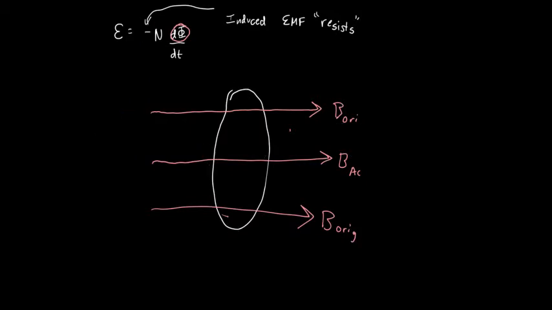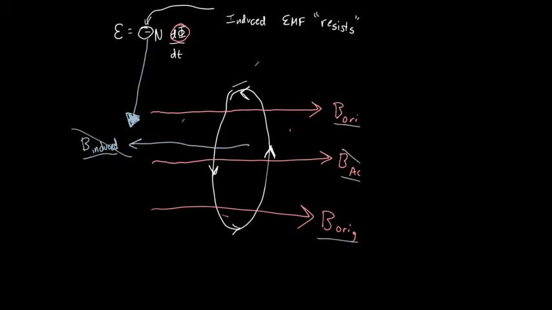This is where the state of the system wants to be. It wants to maintain this, two magnetic field lines going to the right. Now, if I create some flux and I create an additional magnetic field somehow by changing the flux, that's going in the backwards direction. So this is my additional magnetic field.